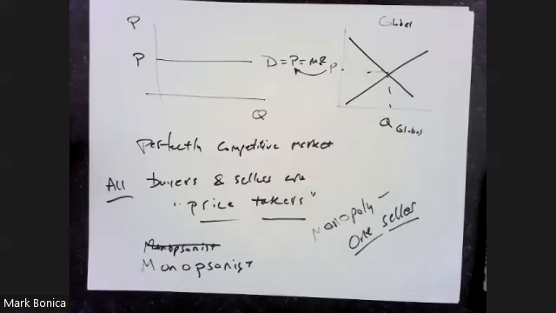So a monopoly, single seller, has market power. And I asked you, well, what's a monopsonist or a monopsony? Well, if a monopoly is a single seller, then a monopsonist would be a single buyer, right? So single buyer.